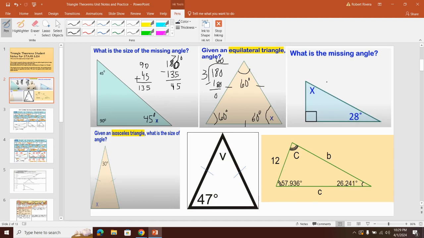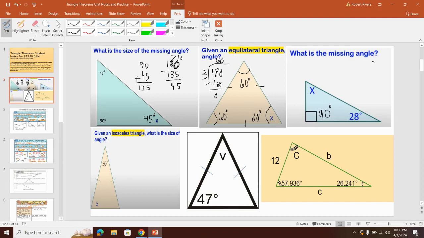Now, sometimes they want to trick you like this guy, and you're thinking, well, they only gave me one angle. But we learned that when we form a perfect L right here, that would be a right angle. So we actually have the other angle here. It wasn't given to you, but we should know that if two sides are perpendicular to each other, that would equal 90 degrees.